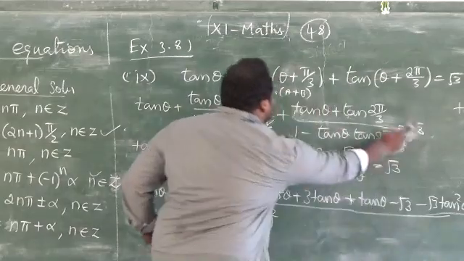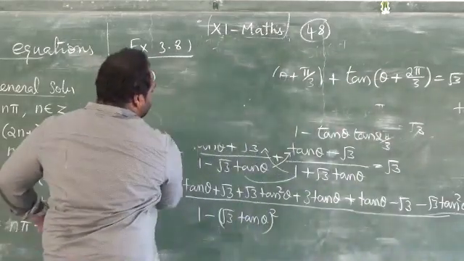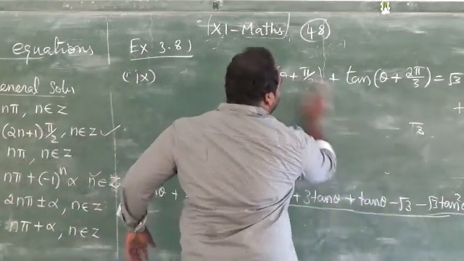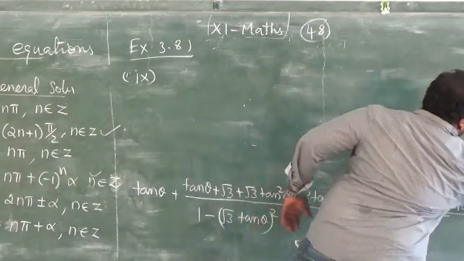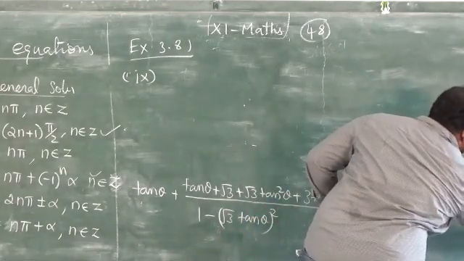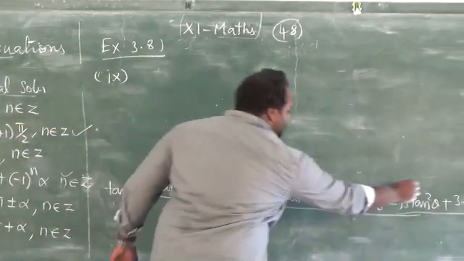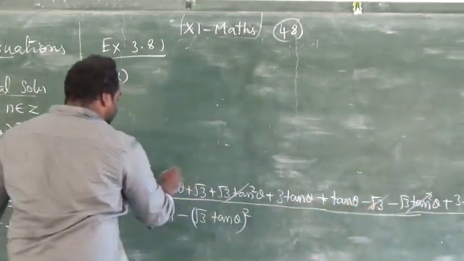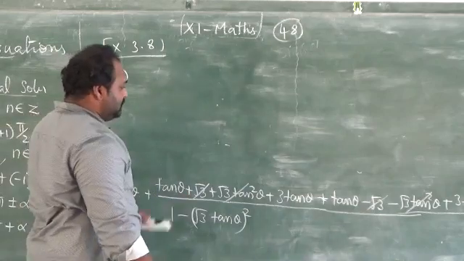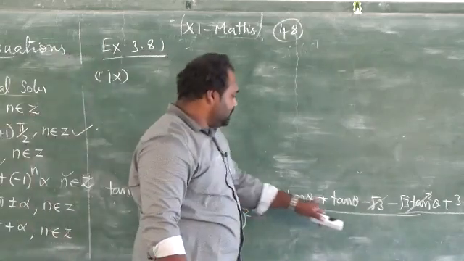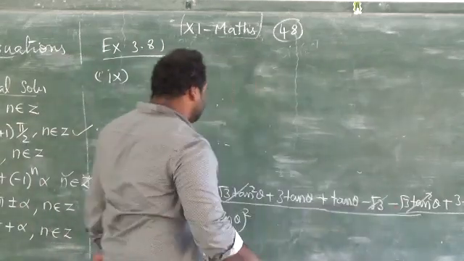Next, just simplification only, equal to root 3. Next, we have a cancellation plus minus root 3. So here tan theta, 3 to 4 tan theta, 5 tan theta, 8 tan theta is remaining.